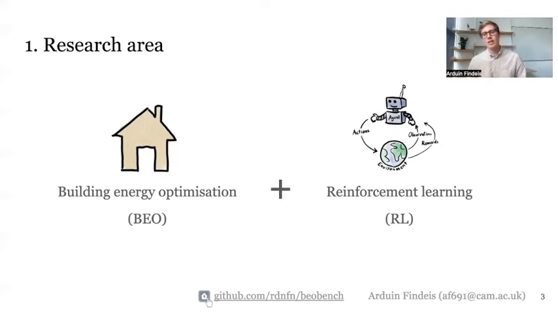Now, reinforcement learning is a control method that can be applied to these problems, and reinforcement learning control problems are formulated as an agent interacting with an environment. That's illustrated here. By interacting with the environment, the agent receives rewards, and based on these rewards, it optimizes its control to maximize that reward. That's the basic idea.